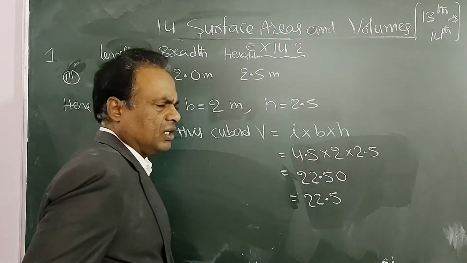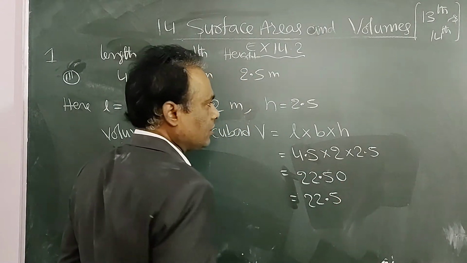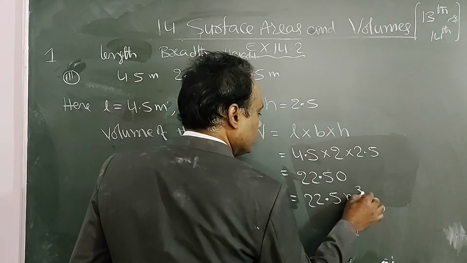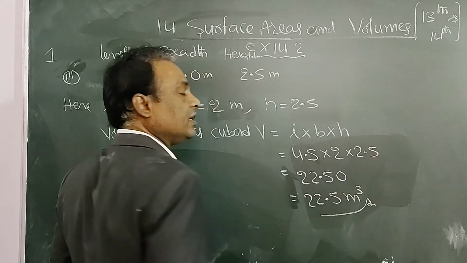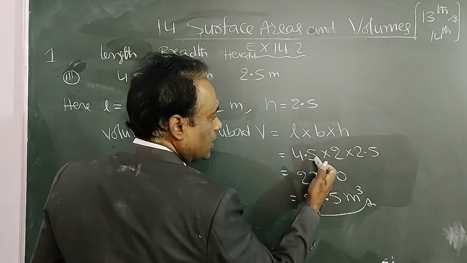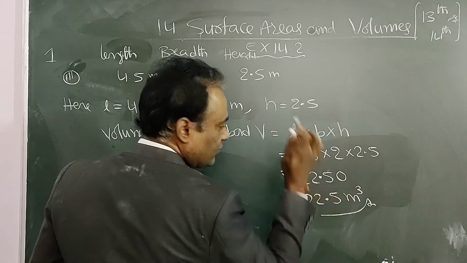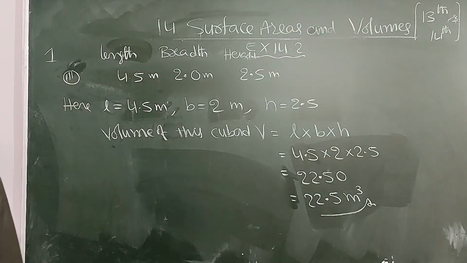The last 0 after decimal means no need. So meter cube. That's all. Complete it and go to the second problem.